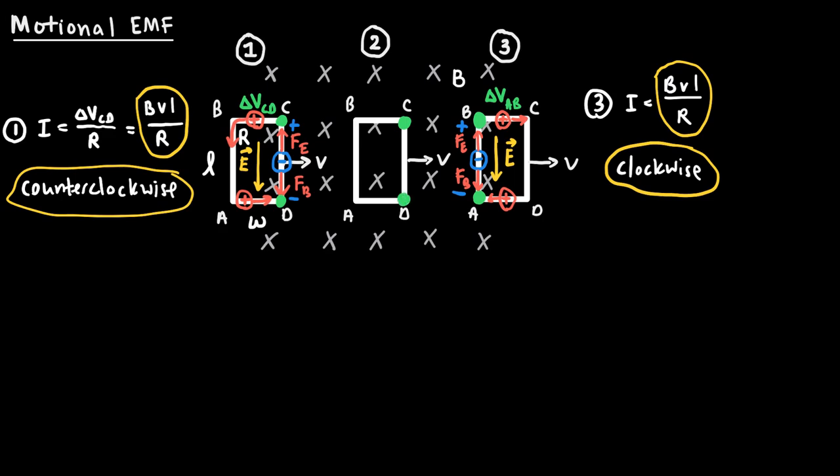Well, CD wants to create that counterclockwise current, and a counterclockwise current between segment CD at location number 2 would look like this. So there's the current due to segment CD. And then segment BC will create a clockwise current, which between those 2 points would be directed like this.